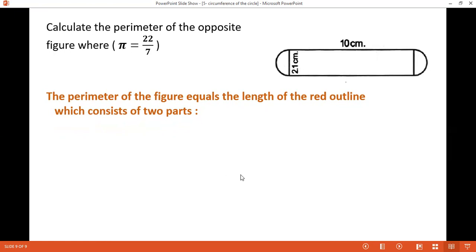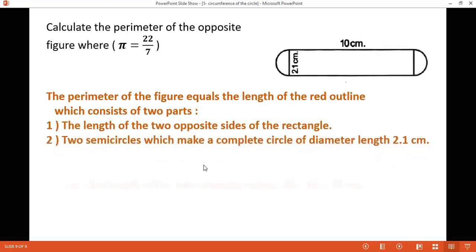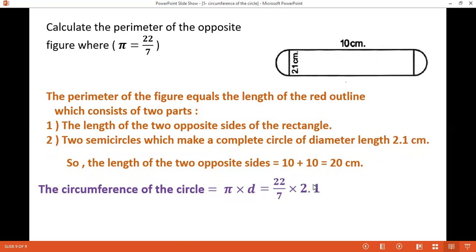This is the diameter, the length of the two opposite sides of the rectangle, the two semicircles which make the complete circle. The length of the two sides, 10 plus 10 equals 20. And the circumference of the circle is pi d, 22 over 7 multiplied by 2.1. The answer will be 6.6.